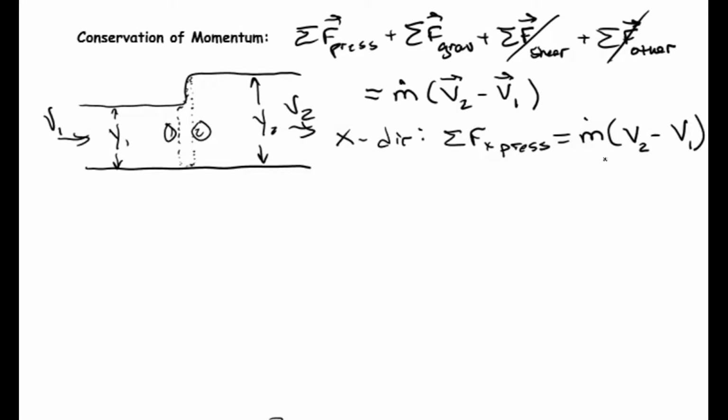All right, so one more little assumption. Since we are neglecting shear, we're neglecting friction along the bottom, what happens is our pressure then acts a lot like a static situation. So we don't have basically the slip condition or the no slip condition causing changes in velocity. It's all constant velocity.